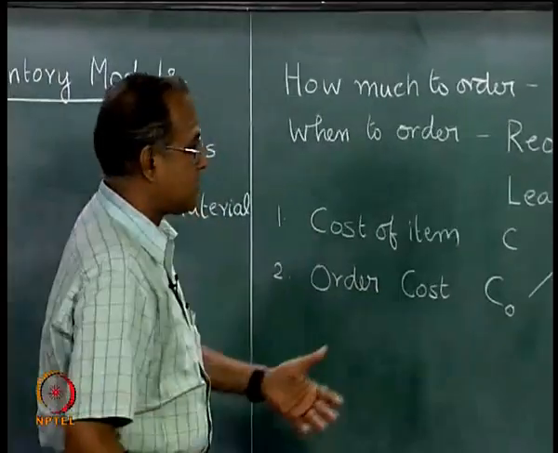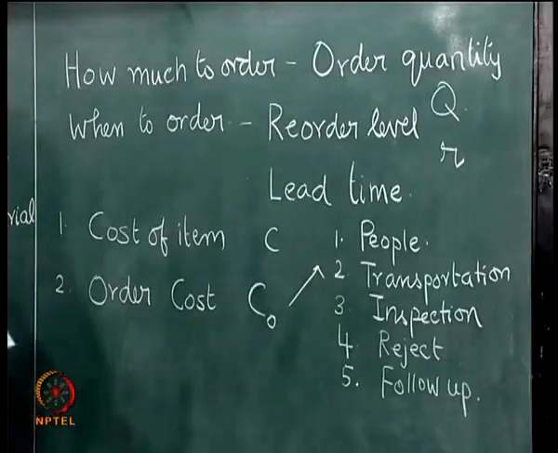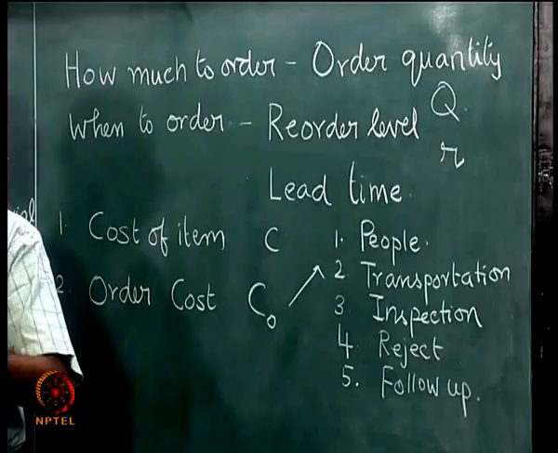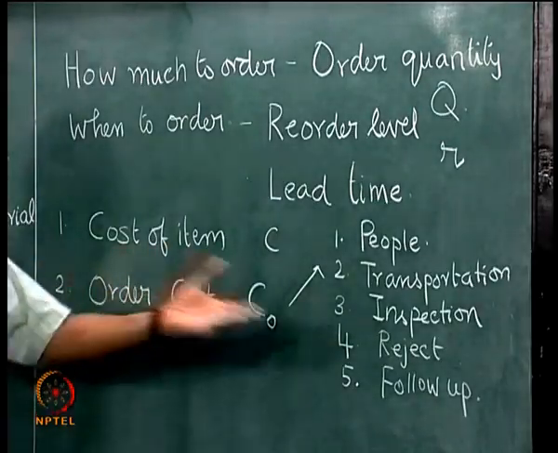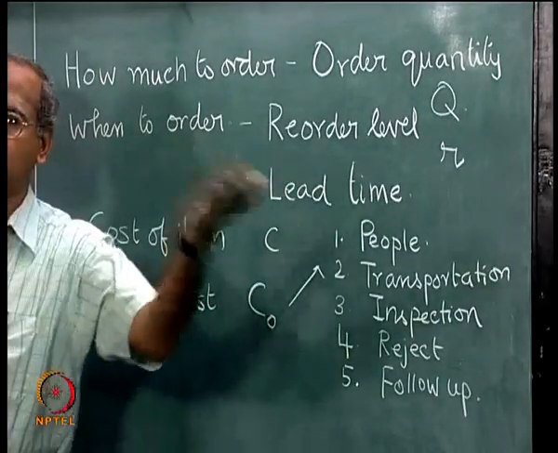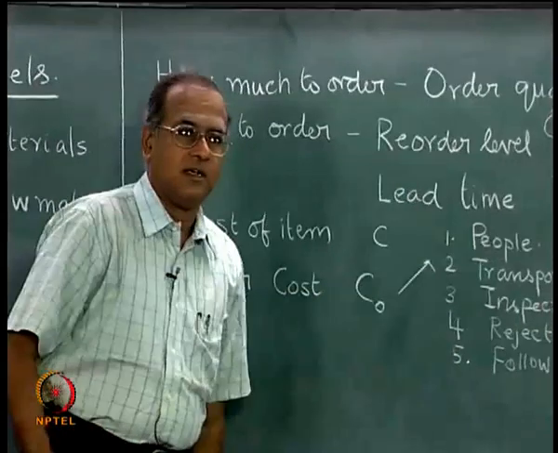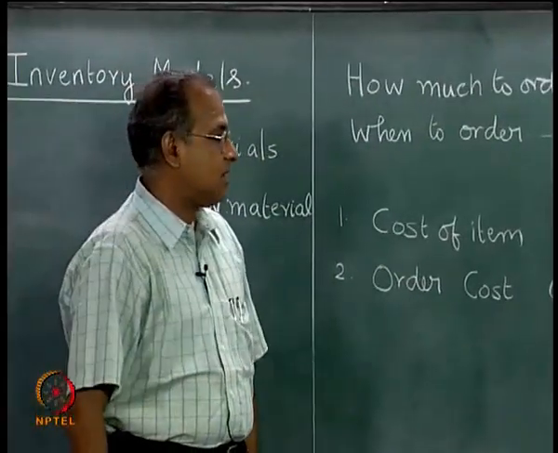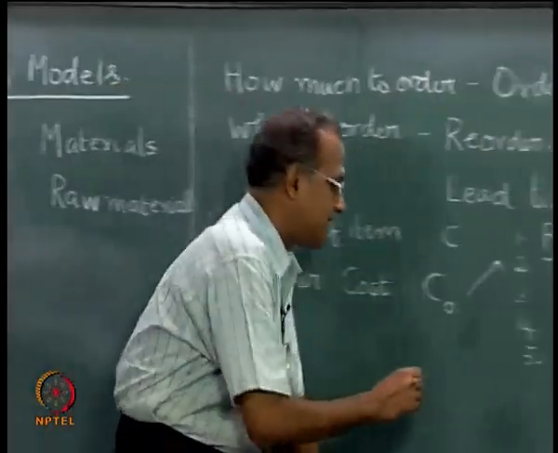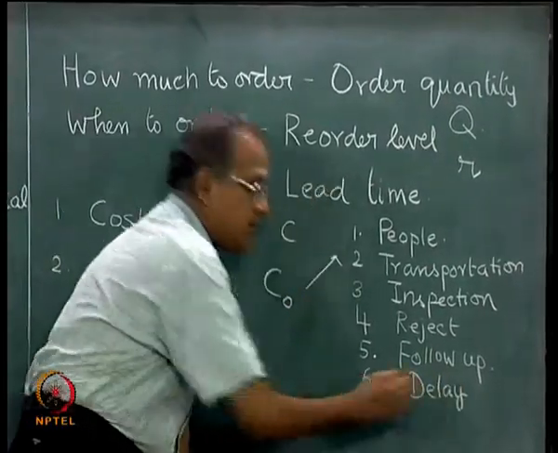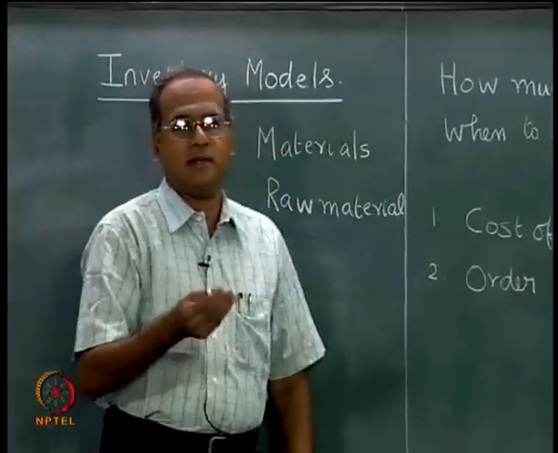So, there is a cost associated with follow up. Follow up could be over the phone, it could be over other forms which are expensive, it would also mean a visit of a person going to this place and maybe inspecting it then and there and bringing it here. So, there are these costs that are associated with the cost of ordering. Of course, if there is any delay, then each of these delays is going to result in a higher cost.